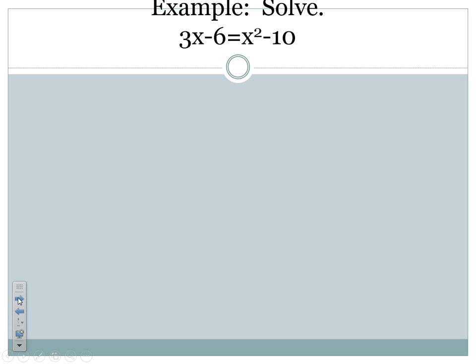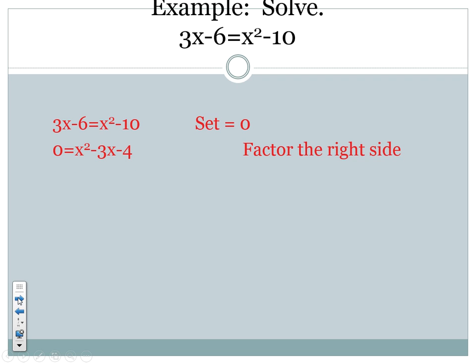In this next example, we have 3x minus 6 equals x squared minus 10. Pause the video, and then you try to solve this quadratic equation. Now, the first thing we need to do is set this equation equal to 0. And when we do that, we get x squared minus 3x minus 4.